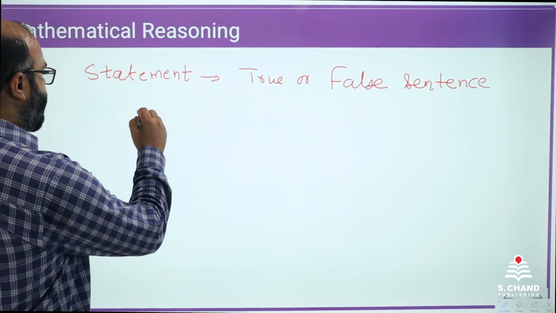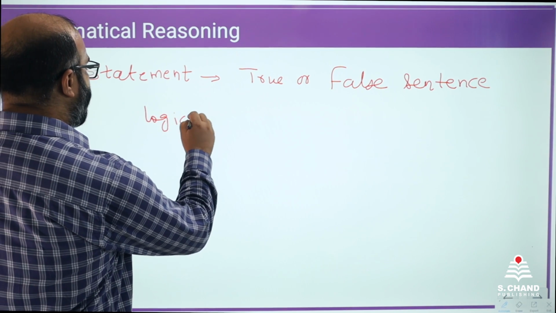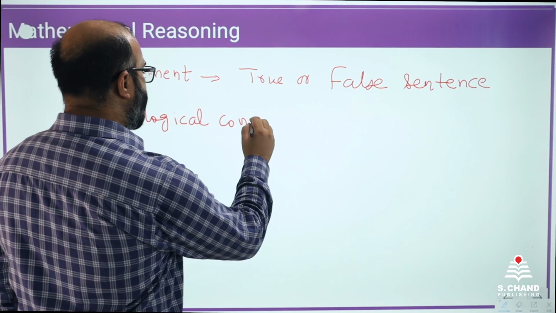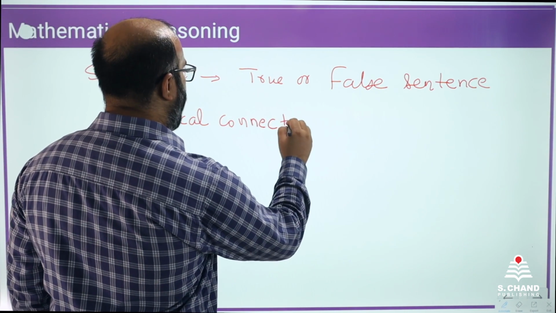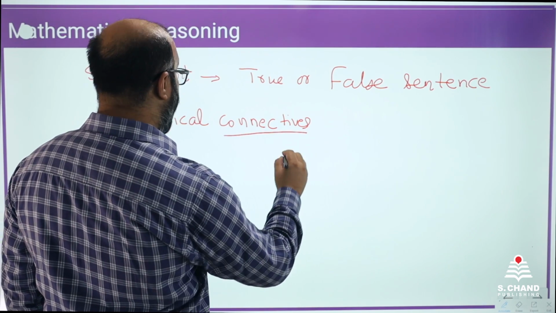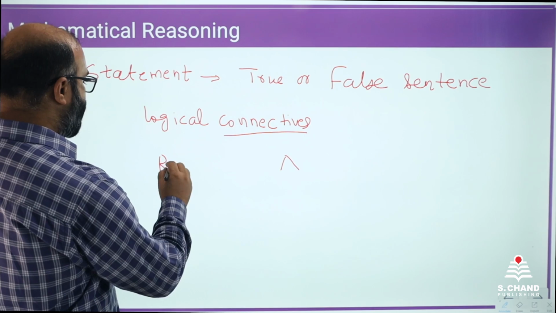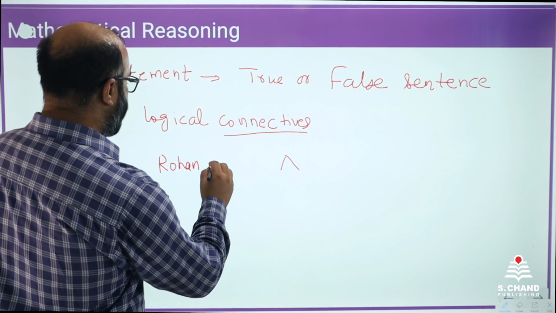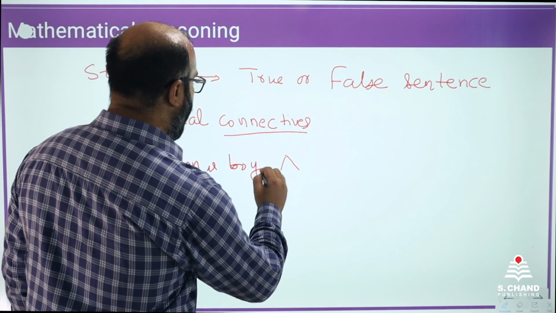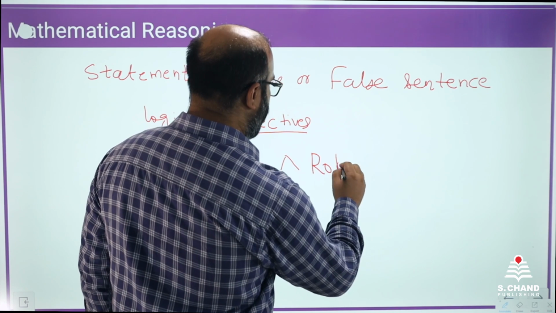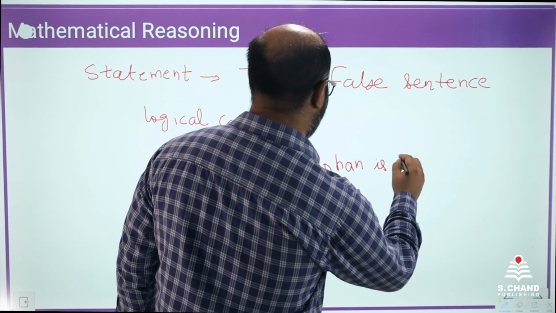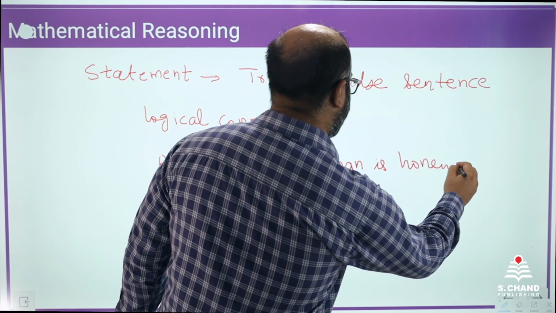So there are logical connectives which we have to understand here. What are those logical connectives? Like we have "and". If we talk about "and", it combines two statements. For example, "Rohan is a boy" and "Rohan is honest."